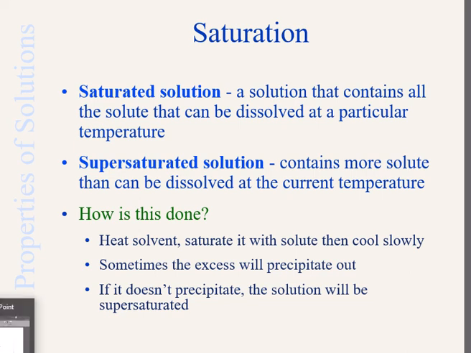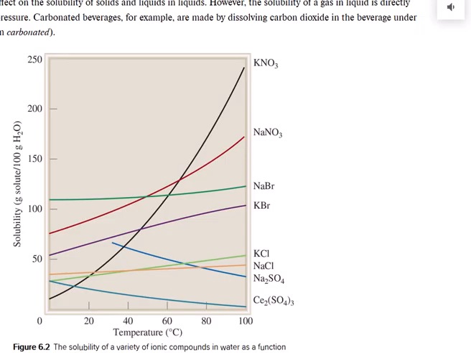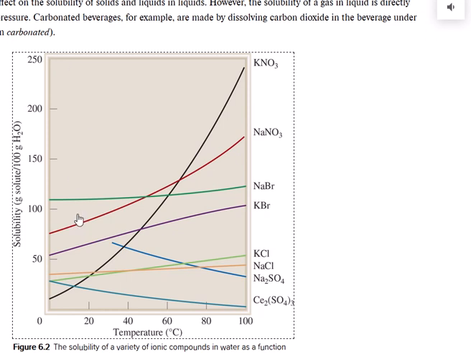Now, as I said, most liquids and most solids have their solubility go up with temperature, and you can see that in this graph. You can see different kinds of solutes like potassium nitrate, sodium nitrate, sodium bromide, potassium bromide, and so on.